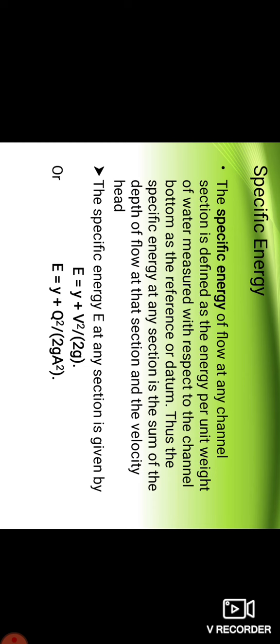When we take the channel bottom as the reference, the energy per unit weight of the water is called specific energy. It is the energy per unit weight when referred to the bottom of the channel.